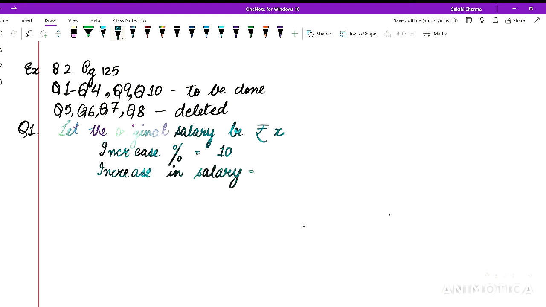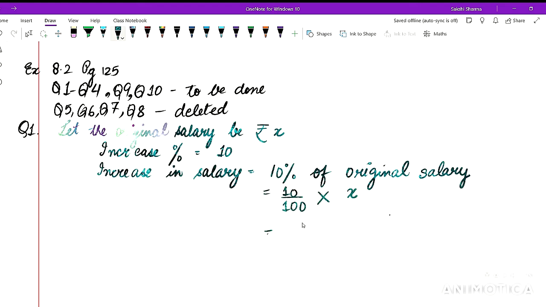I want to convert this percentage increase to amount of increase. I'm going to combine this percentage with the original value. On simplification, this is what I get.